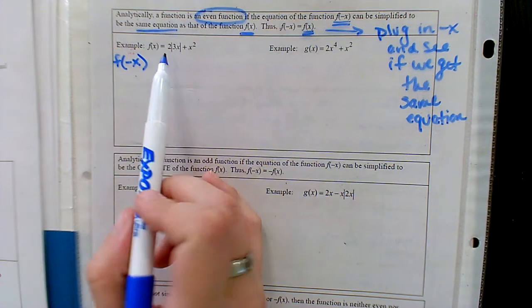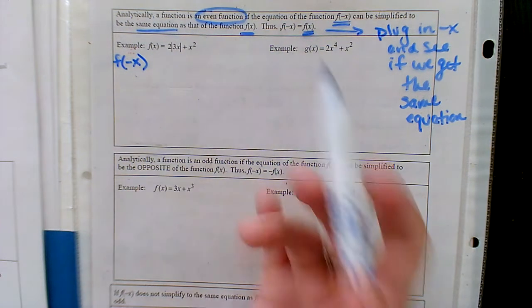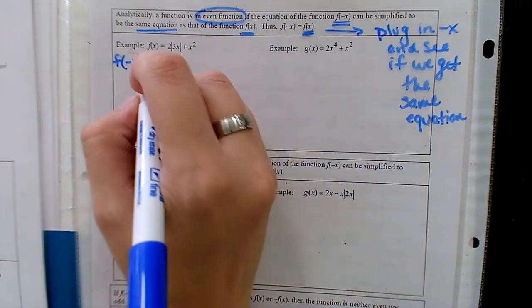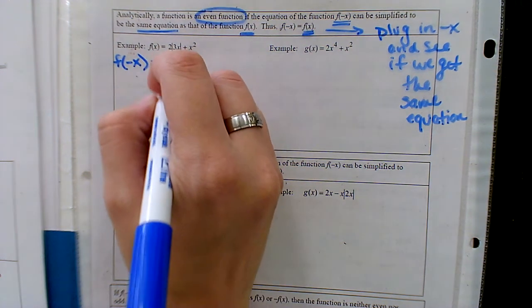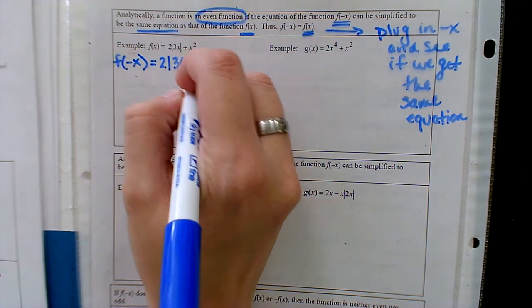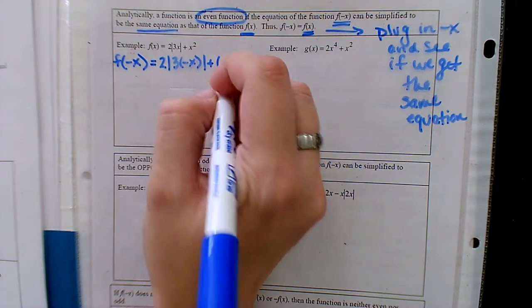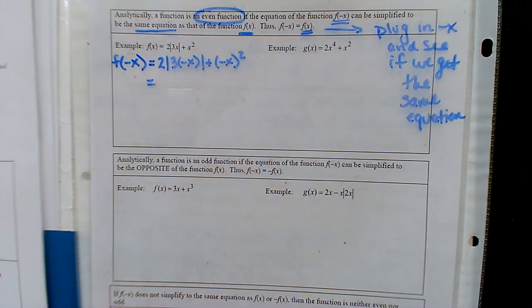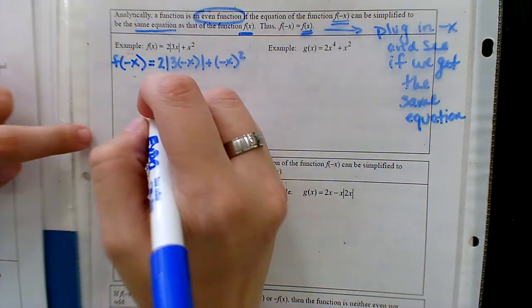All right, so we're going to test to see if this function has y-axis symmetry. Can you fold it across the y-axis and it would line up on itself? So we're going to plug in negative x for all of the x's, and we're going to simplify it. Do we get the original function back?